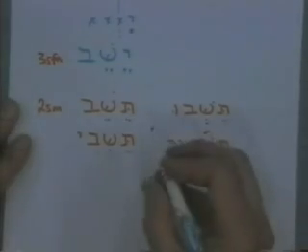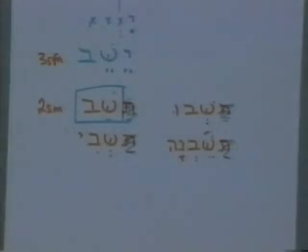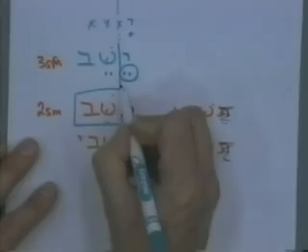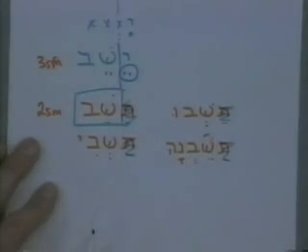What's the imperative going to look like? Well, duh. Take off the prefix, right? That leaves us with only two letters, shave. Is there a clue for the missing root letter? Well, not really, right? Your clue for the missing root letter was the hireq under the imperfect prefix, right?